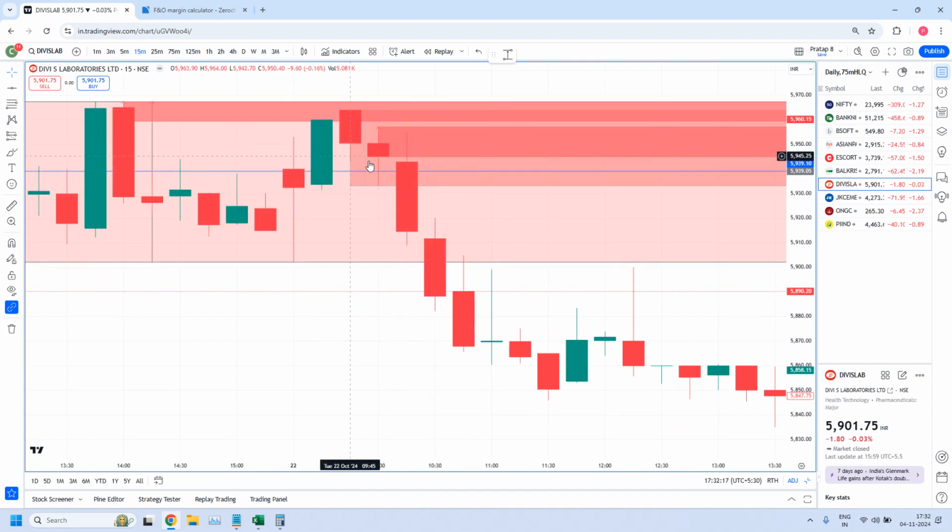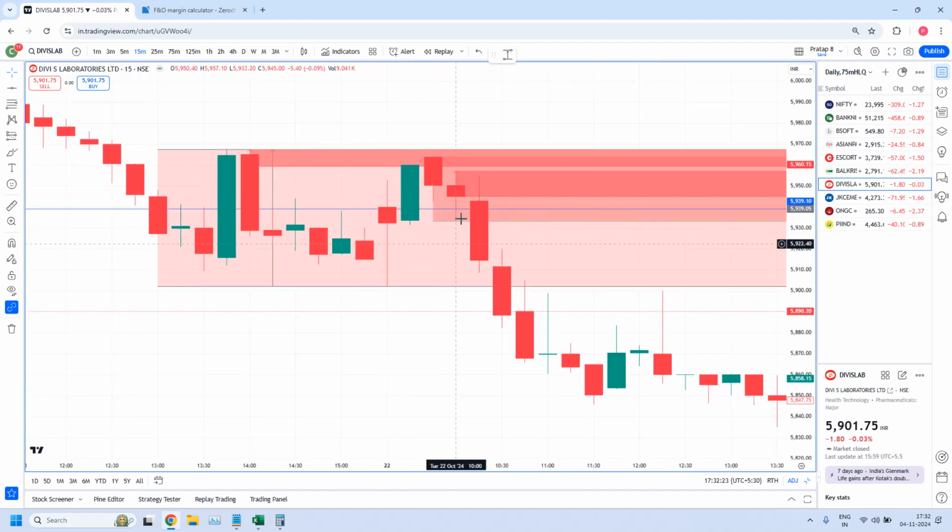We have a drop, we have a base candle, and we have a drop. So this entire thing is a 15-minute zone. Rally, 2 base candles and drop.